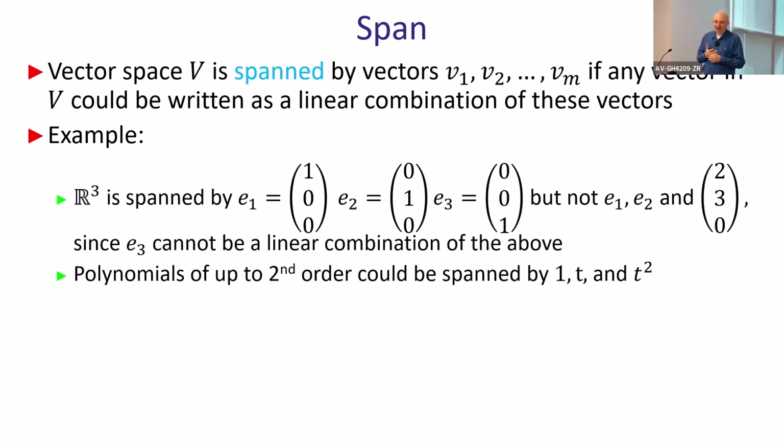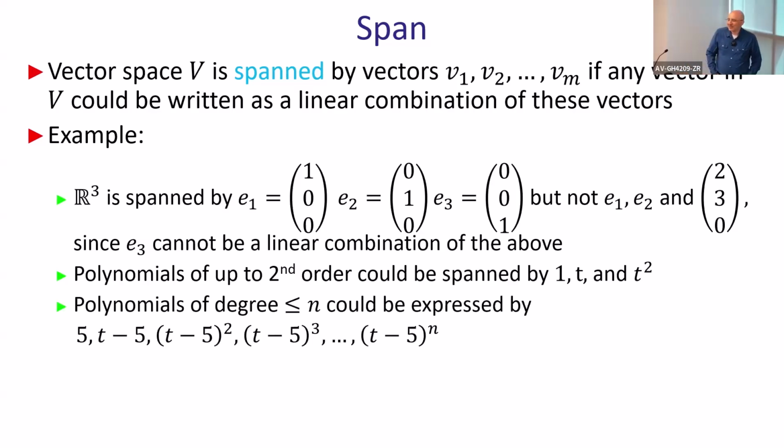And why is it the standard basis? Because the coefficients of that polynomial will be that alpha 1, alpha 2, and alpha 3 by definition, right? Is it clear what I'm saying? So the coefficients of the polynomial with that standard basis will be your answers to the coefficients of the linear combination of these three things to write any quadratic polynomial or first order polynomial or any other polynomial up to second order.